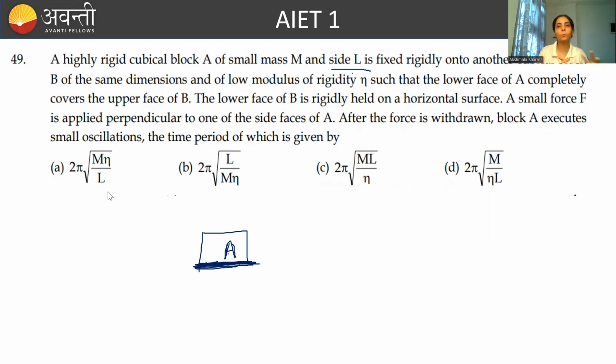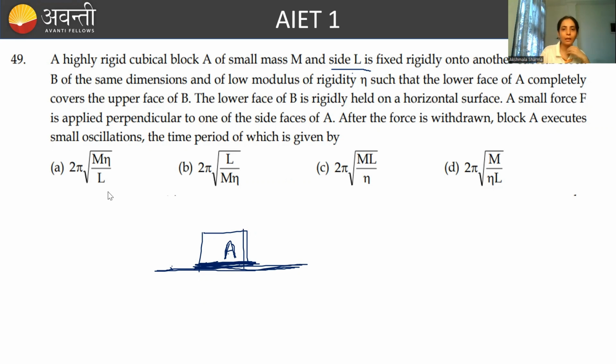जैसे दो बकेट का अगर साइज सेम है, दोनों को एक साथ रखोगे तो वो एक दूसरे को अपने अंदर कंटेन कर देगा. Same thing is happening here. The lower face of B is rigidly held on a horizontal surface. इस surface पे ये rigidly held है. ठीक है? Again, it means it is fixed.